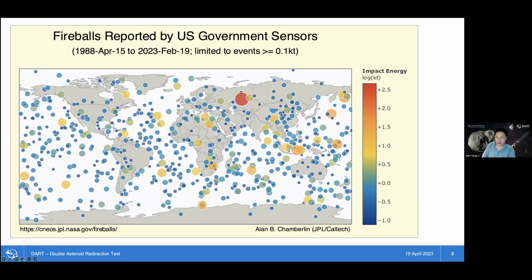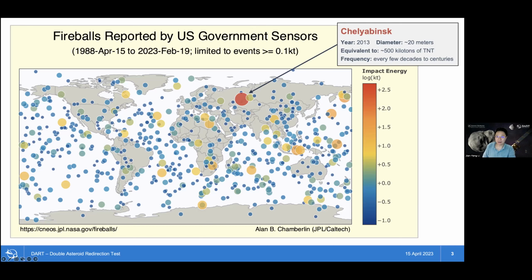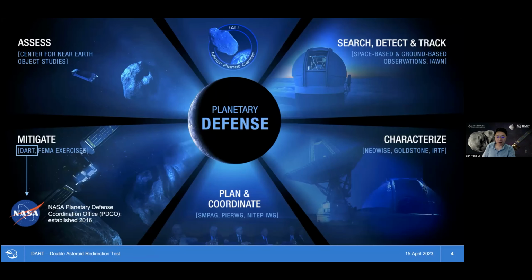So planetary defense is actually a big topic, and it has several components. We go from top right: we need to search, we need to detect, and we need to track these potential impactors to Earth. And then once we observe them, we need to characterize them: how big they are, how dense they are, and what trajectory they have.